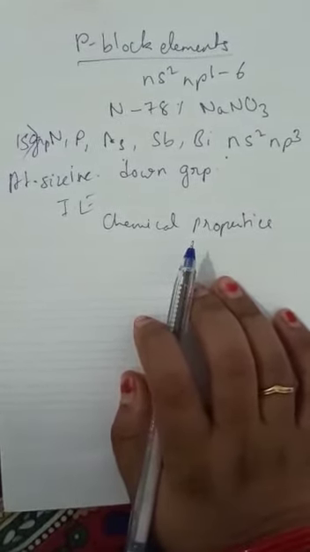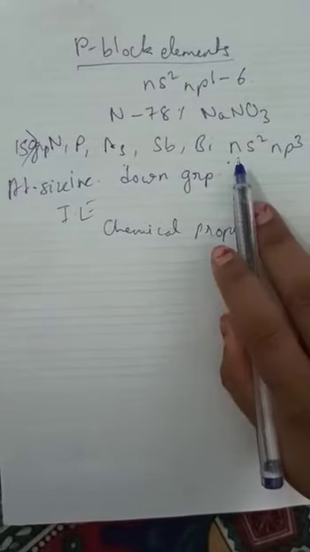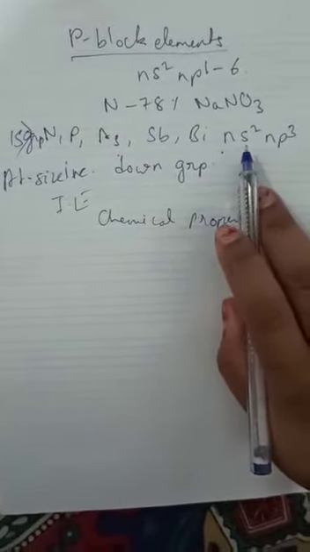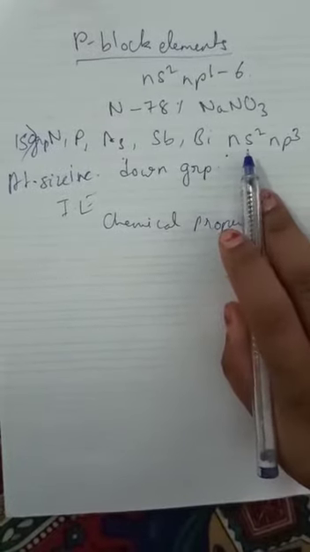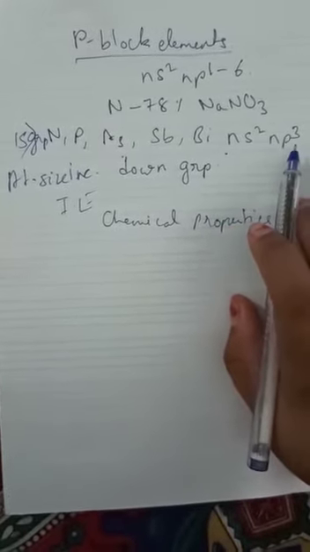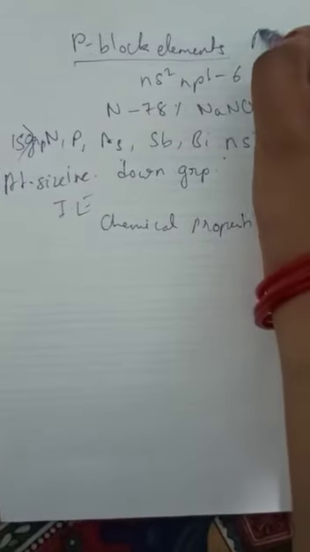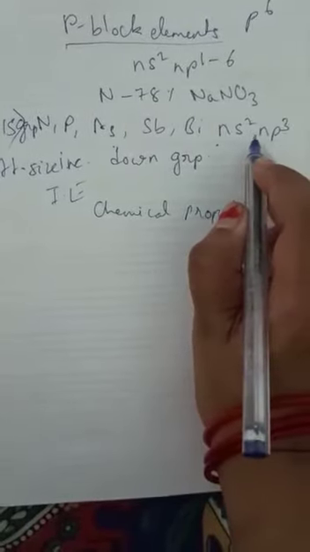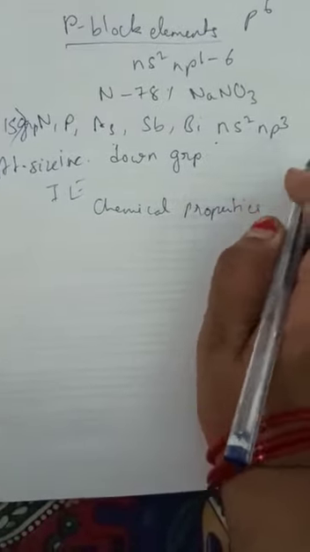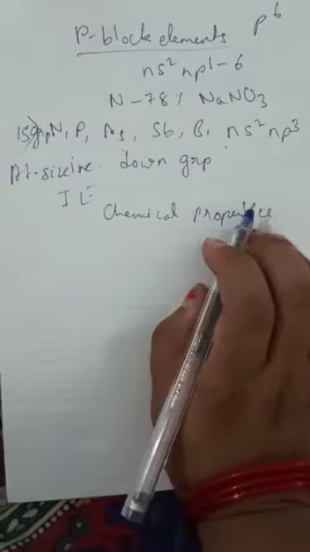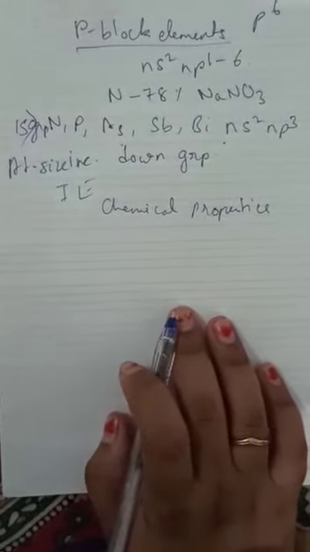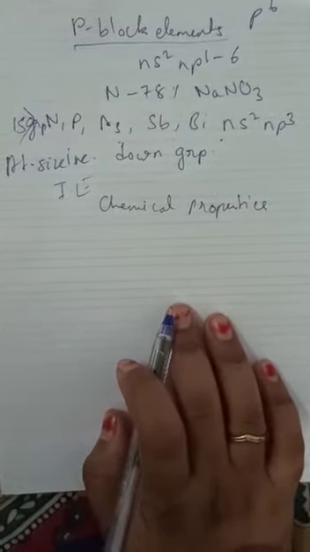But students, in this case, as you can consider here, the general electronic configuration for the 15th group element is ns2 np3. Okay, so ns2 and np3, you know that in p orbital we can have 6 electrons, and here the outermost shell is having 3 electrons, means that it is exactly half filled. So due to the exactly half filled p orbital, the ionization enthalpy in this case is little more as compared to the other elements.